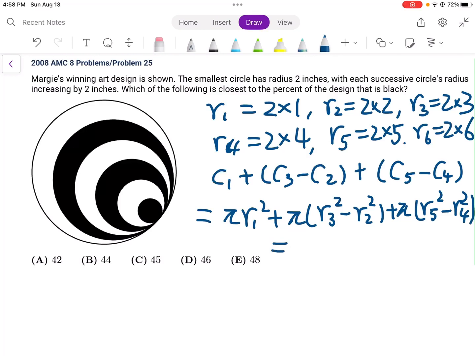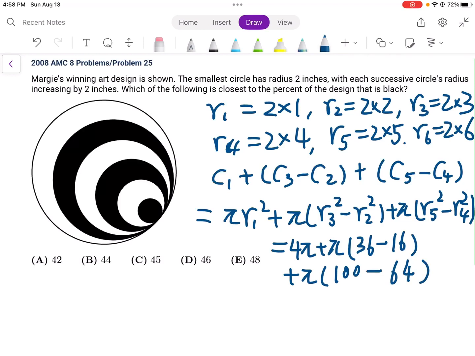That equals 4 pi plus pi multiplied by R3, which is 6, so its square is 36, subtract R2 is 4, so its square is 16, plus pi multiplied by R5, which is 10, so its square is 100, subtract R4 is 8, square is 64. And we simplify this to get 60 pi.